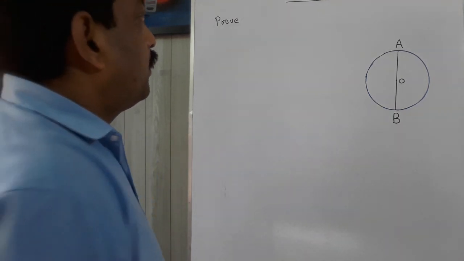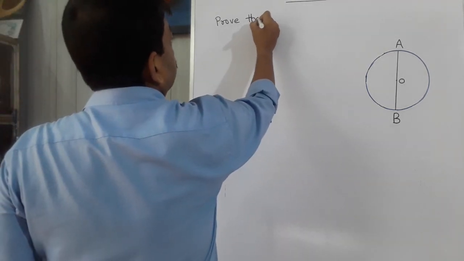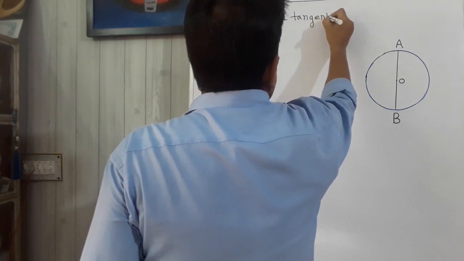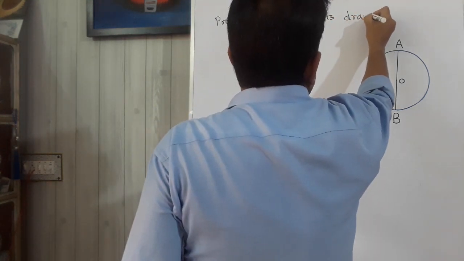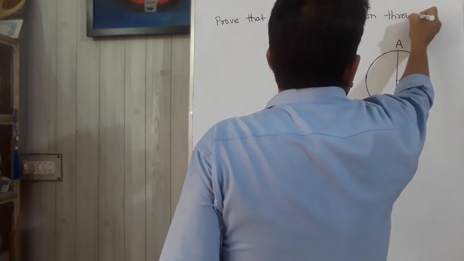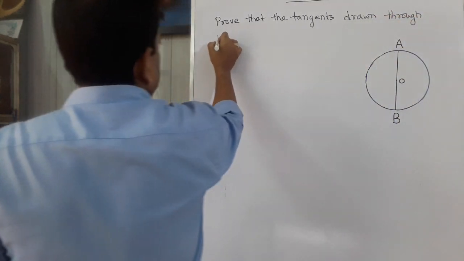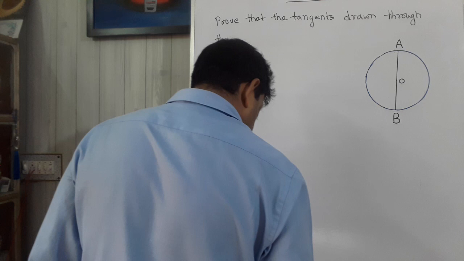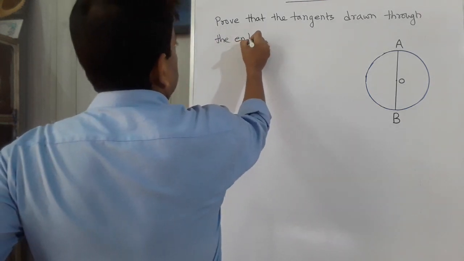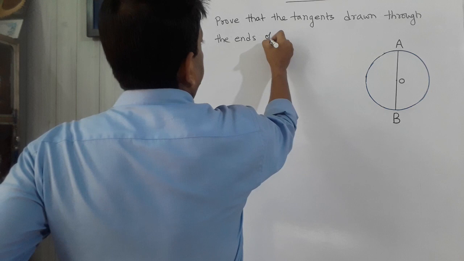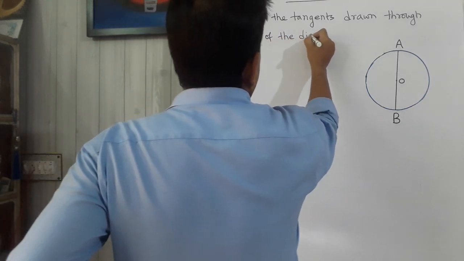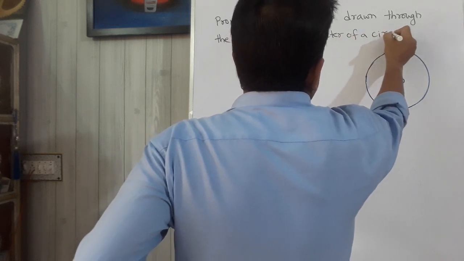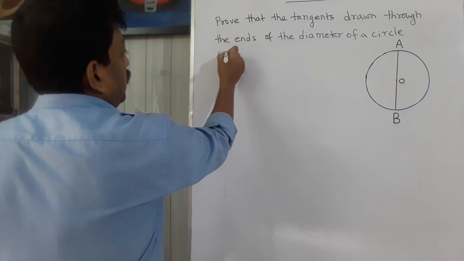Next question: prove that the tangents drawn through the ends of the diameter of a circle are parallel.